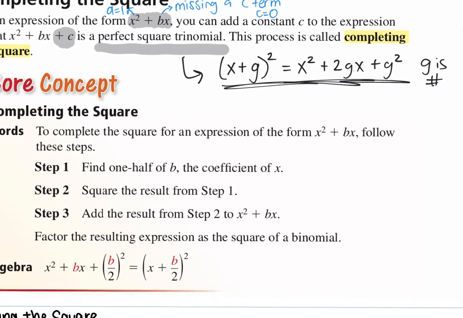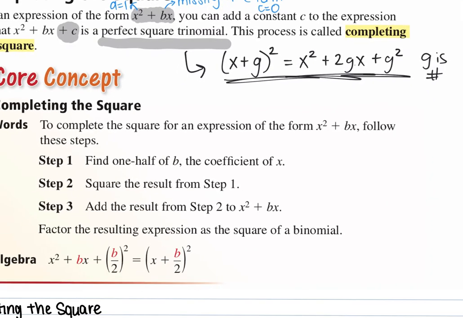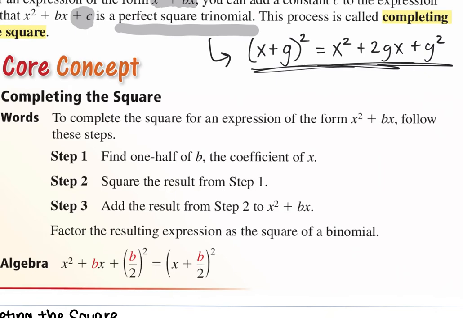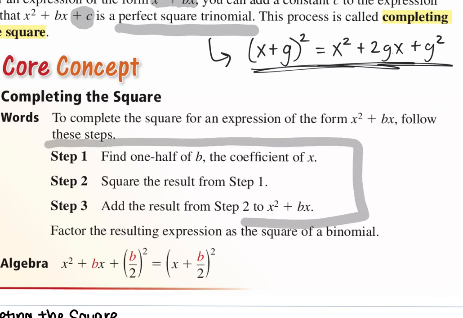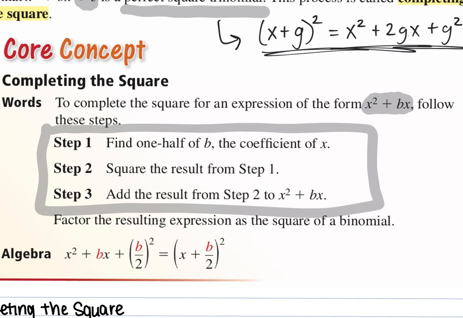All right, so how do we figure out what G needs to be? There's a 3-step process. That 3-step process is listed for you down here, okay? So you're going to be given x squared plus bx. The first step is you have to find 1/2 of b. How could we find 1/2 of b?